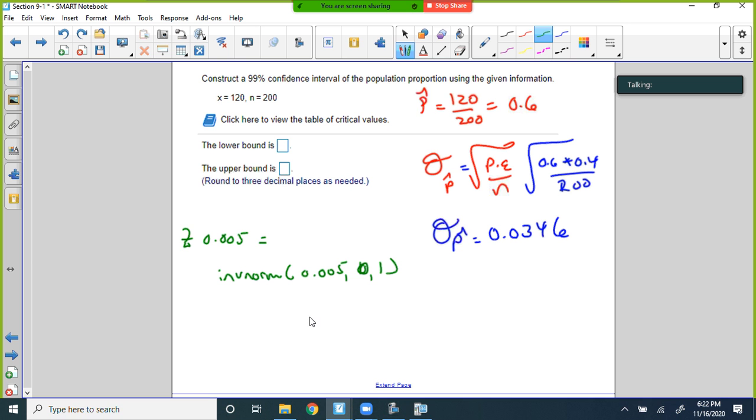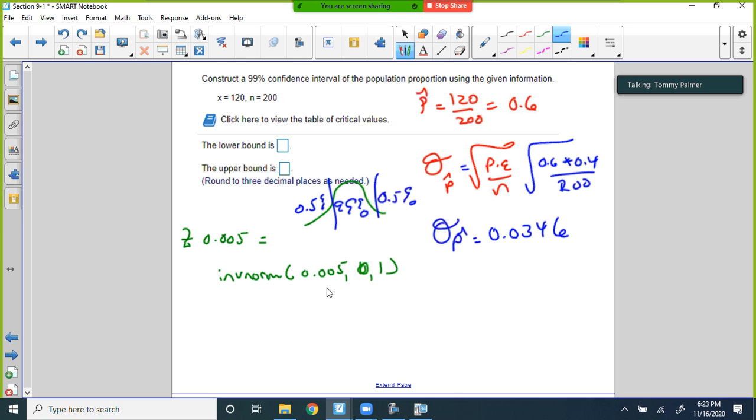How do we get 0.005? Like when you draw out the 99%, that leaves 1%. So that'd be 0.5% over here and 0.5% over there, which is 0.005.